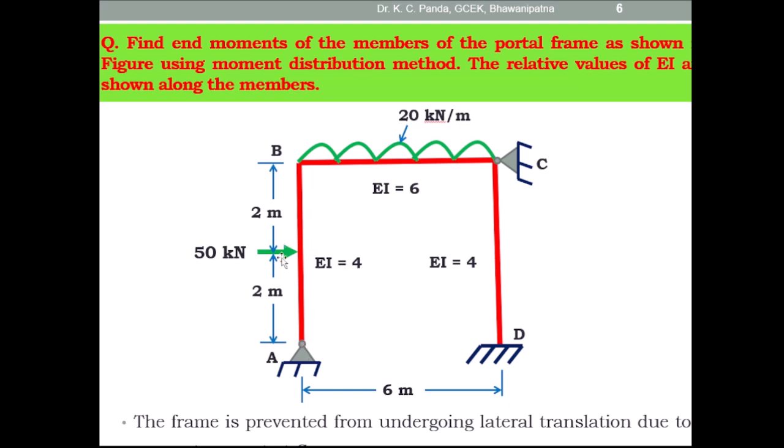The EI for the vertical member is 4 and the EI for the horizontal member is 6. So in this question, the frame is prevented from undergoing lateral translation due to the support present at C. So this frame can be solved as a continuous beam by the moment distribution method.